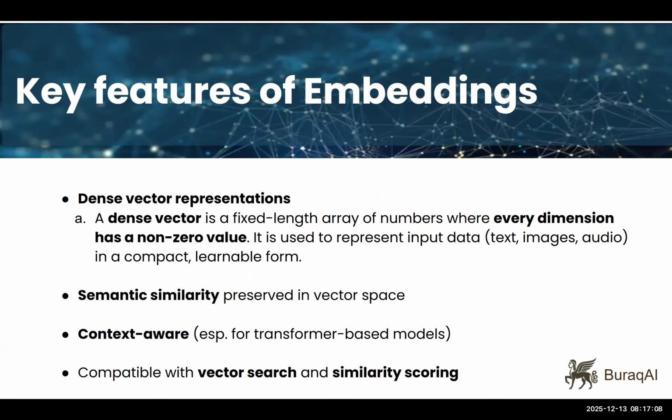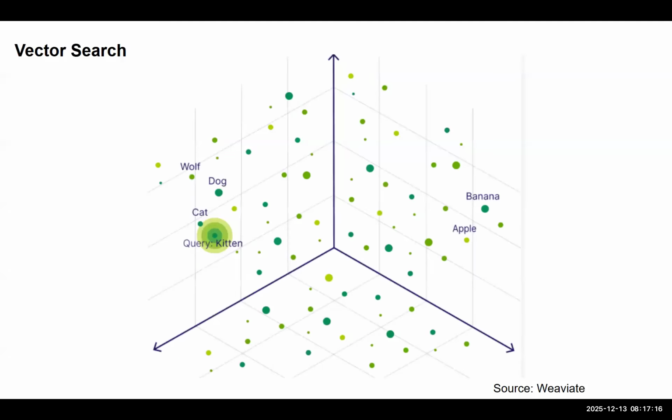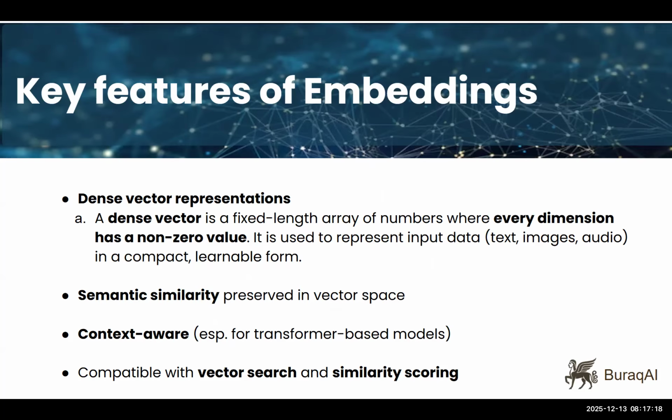So you can say Apple AirPods, Apple phone, where the context is different. Now it should not fall close to banana here. It should fall somewhere with the electronics, something with Samsung or TVs. When you use Apple in the context of the phone, or Apple AirPods, the context is different.